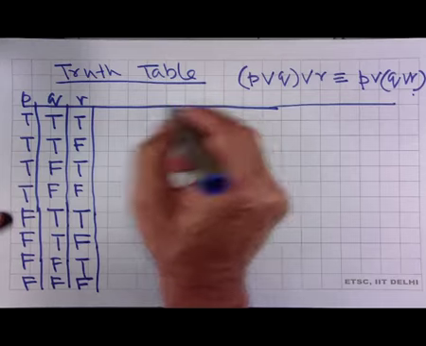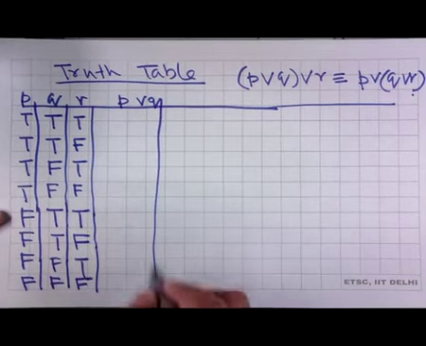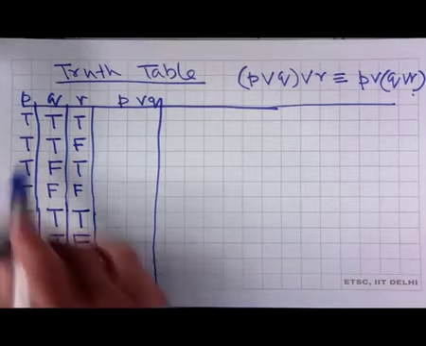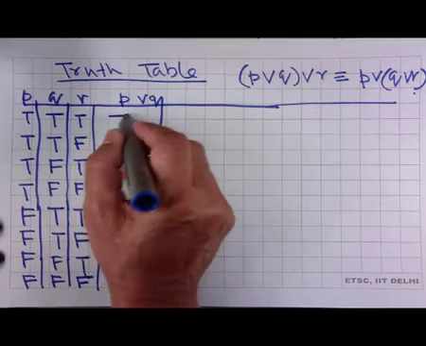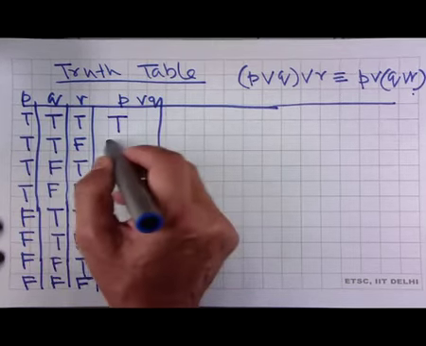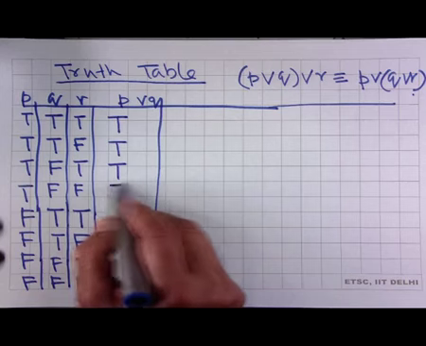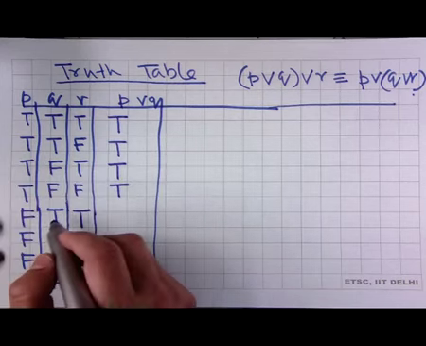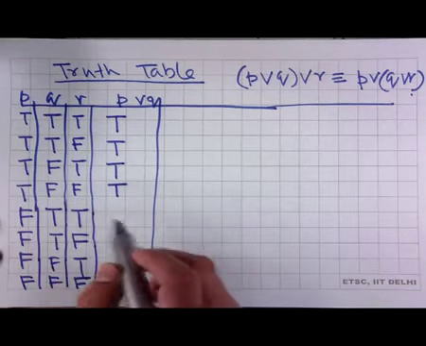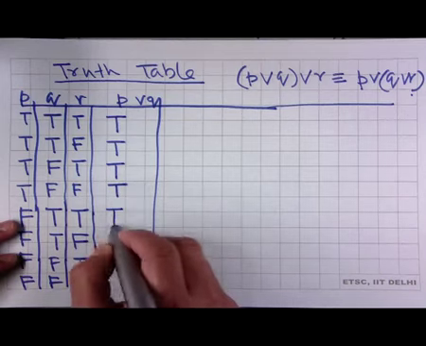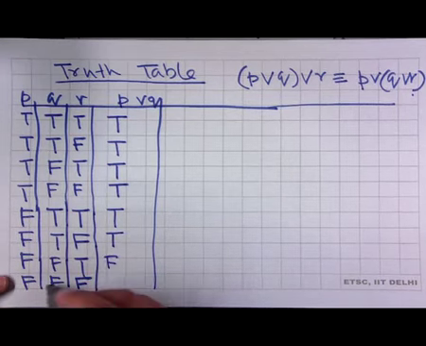So, let us first find out what is the truth value for P or Q. Since P is T and Q is T, in this row P or Q is T. Similarly, T T, therefore, this is T, T F, this is also T, T F, this is also T. We know that since P is T, irrespective of the truth value of Q, it is going to be T. Now, F and T is also going to be T, F and T is also going to be T, F F is F and F F is F.